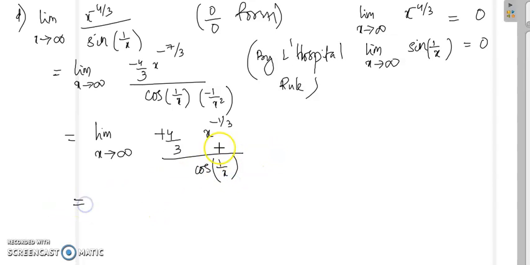So this will be equal to limit x tends to infinity, x raised to minus 1 by 3, which is 1 by x raised to 1 by 3, upon, 1 by infinity will be 0, and cos 1 by infinity, 1 by infinity is 0, so cos 0 will be 1. So the value of the limit will be equal to 1.